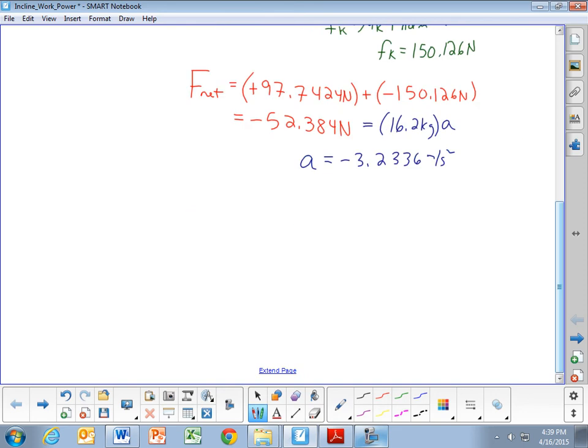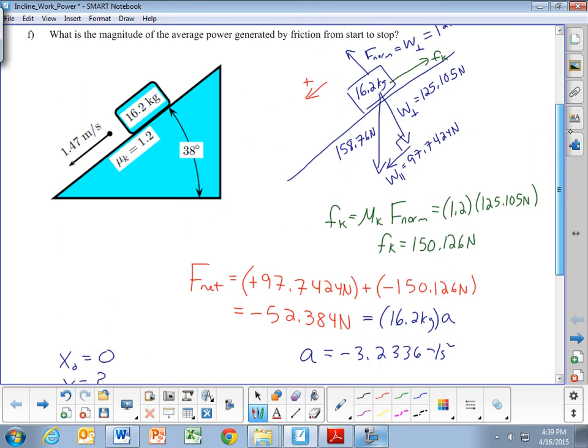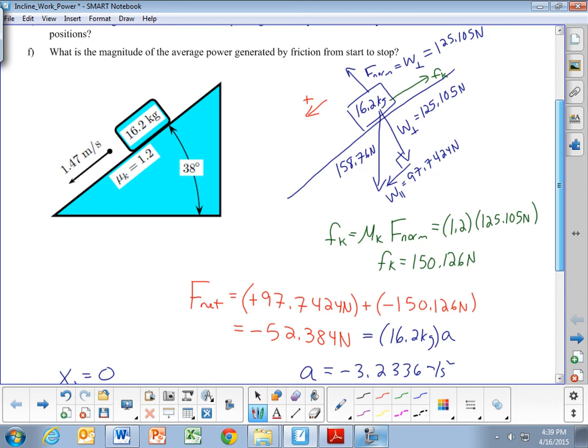So to find how far the block slides, it starts at a position of 0. We're trying to find where it ends up. The initial velocity we're told is 1.47 meters per second. So that's given in the diagram.